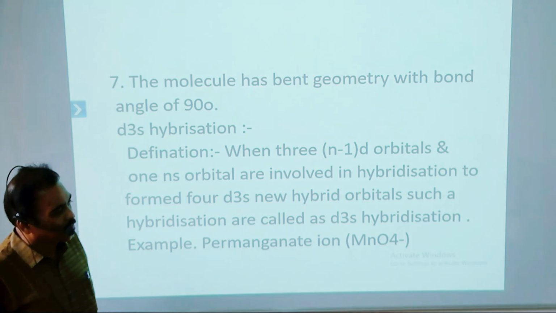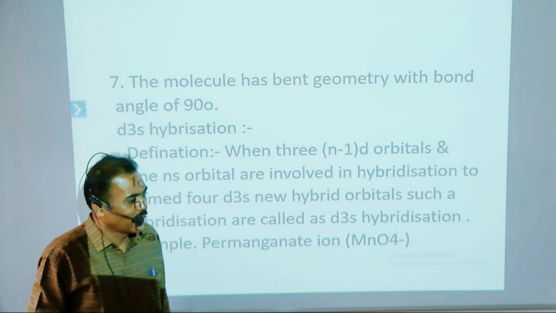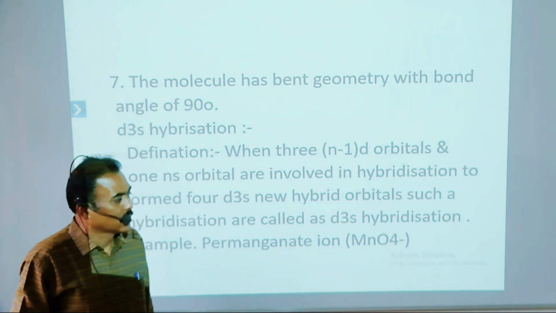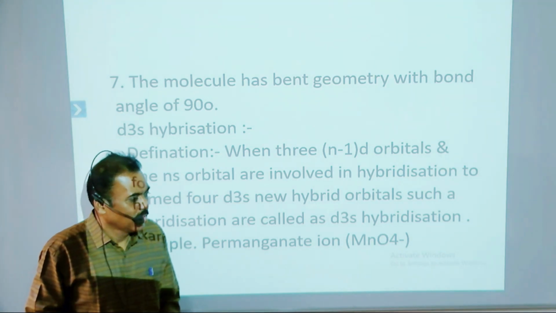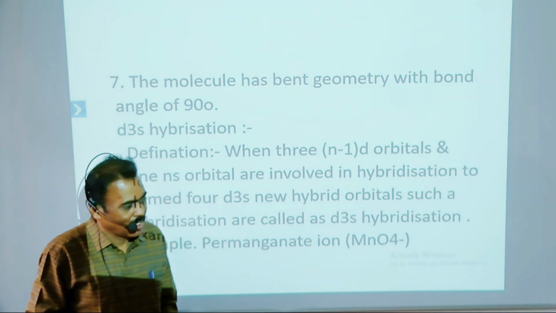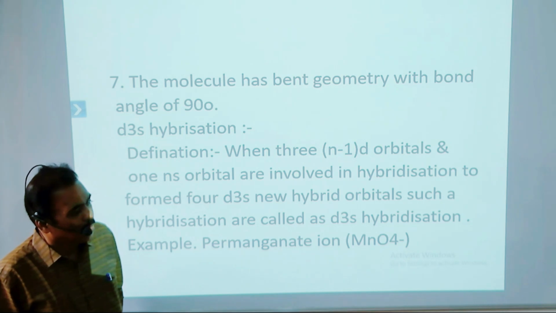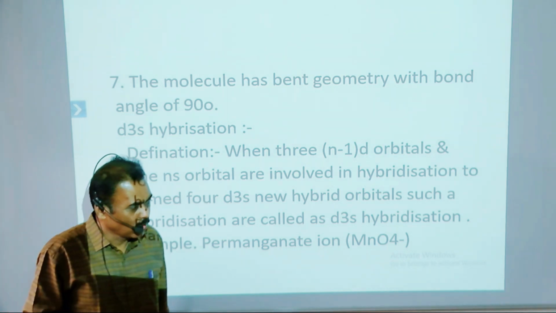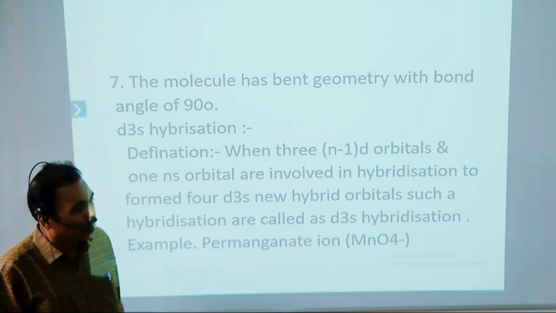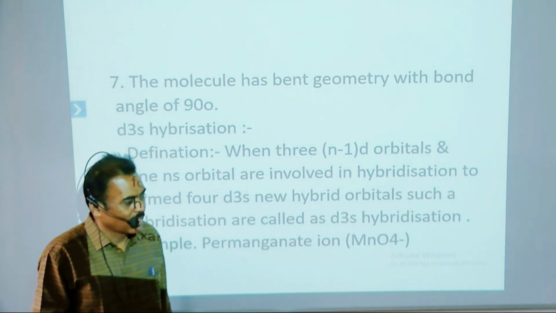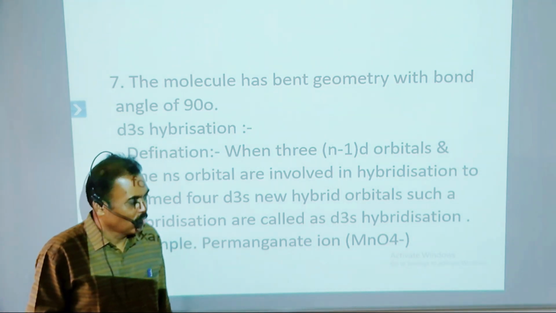The molecule has a bent geometry with a bond angle of 90 degrees. So this sd hybridization is involved in the barium dichloride molecule, and the geometry of that molecule is bent geometry having a bond angle of 90 degrees. So thank you. We stop here.